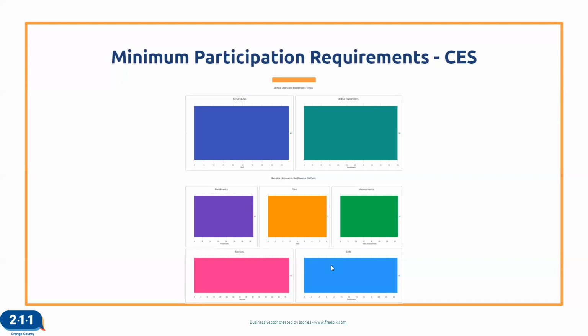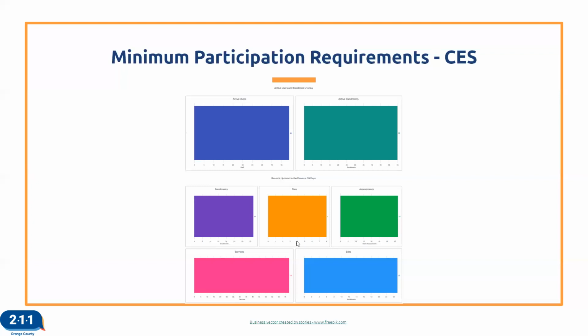So again, these dashboards are available in HMIS now if you're interested. And our 211OC will be starting the minimum participation review this month. And we'll be notifying the agencies of their results and letting you know if there's any areas where you don't pass the minimum participation requirements.